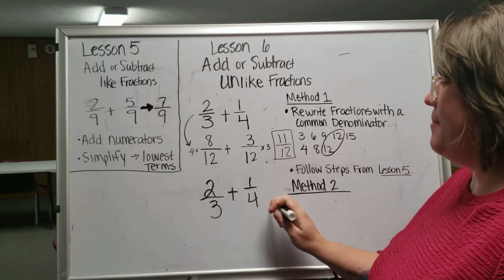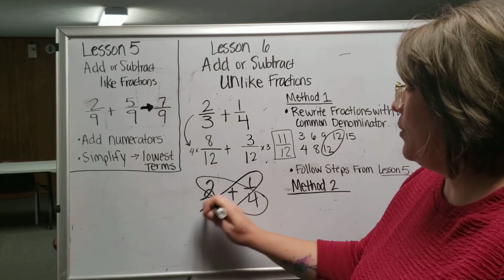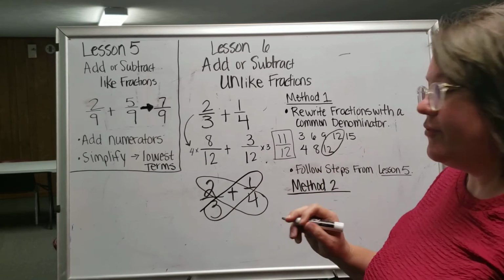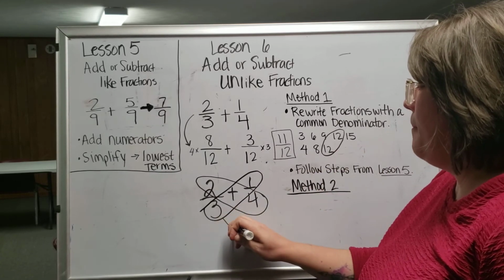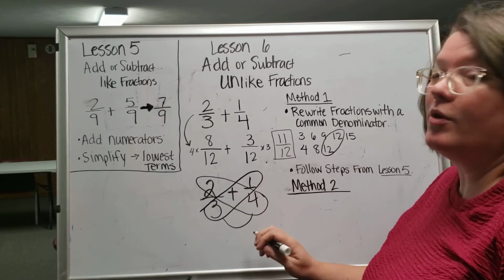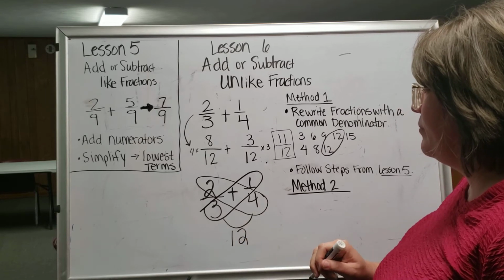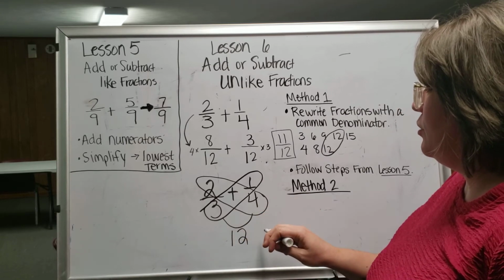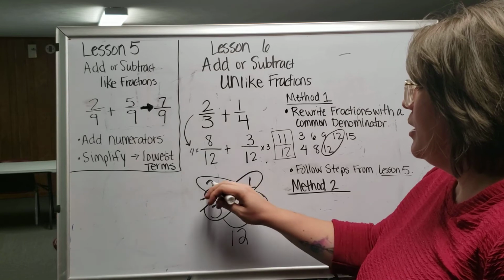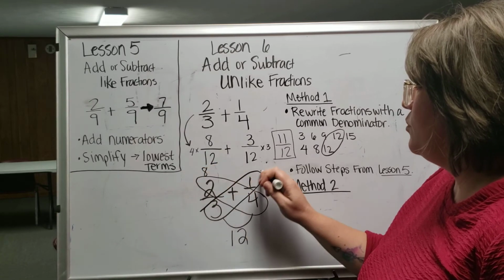So with the butterfly method, you can go ahead and draw your 2 sets of wings, okay? What you want to do first is multiply these two numbers here together, 3 and 4. When you multiply, that gives you 12, okay? And then we're going to do 4 times 2 is 8. 3 times 1 is 3.